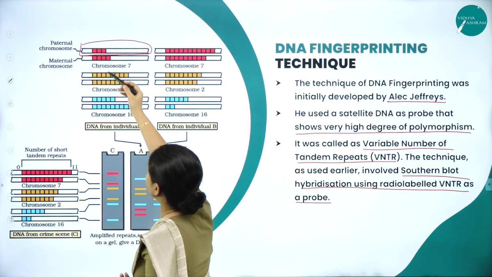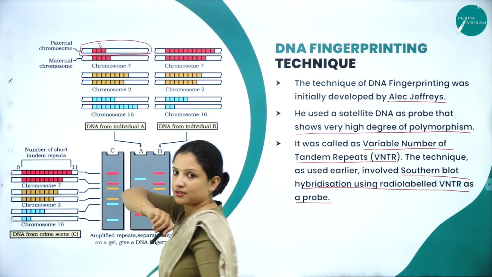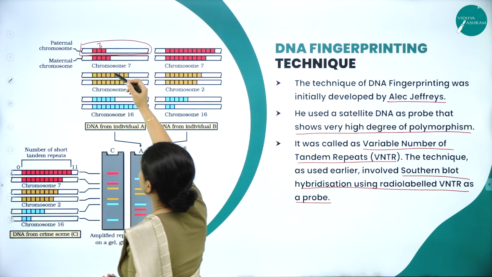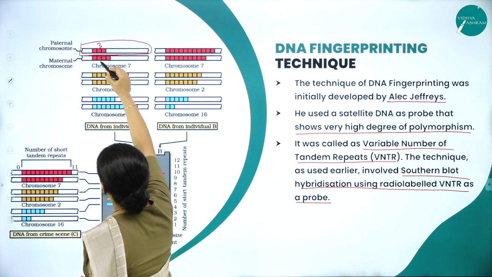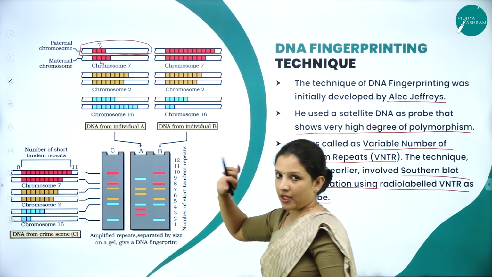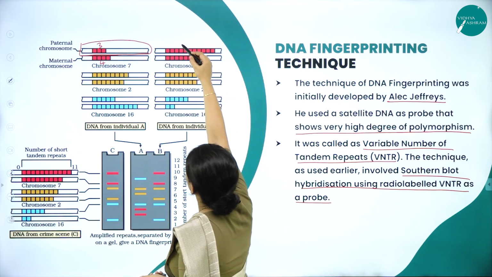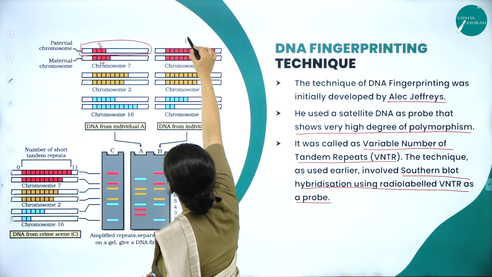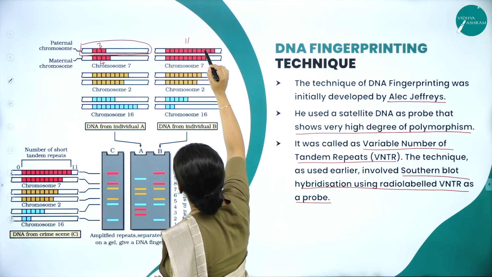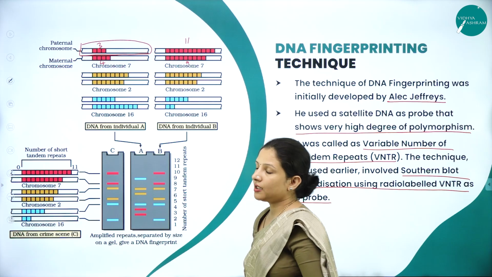So if you see here, the paternal chromosome has 1, 2, 3 repetitive sequences, and the maternal chromosome has 4 repetitive sequences in individual A. In individual B, the paternal chromosome has 11 and the maternal chromosome has 9. If you count, you will know it, 11 and 9.